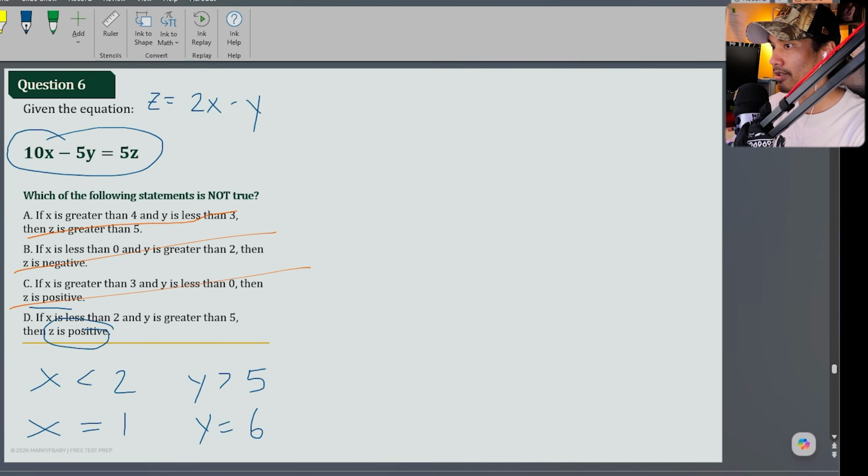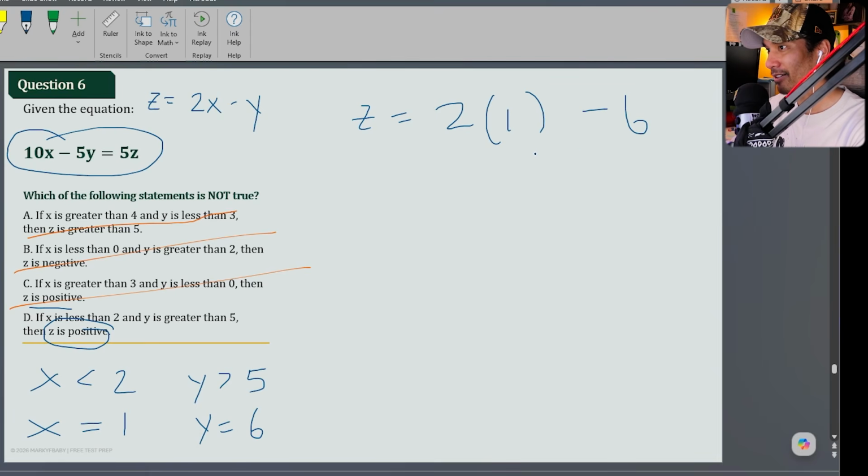We're looking for a positive number. So Z is equal to 2(1) minus 6. Wait, oh, that's actually going to make it incorrect, making it right. I was looking at it for a second like, hold on, that's not right. But attention to detail, okay?